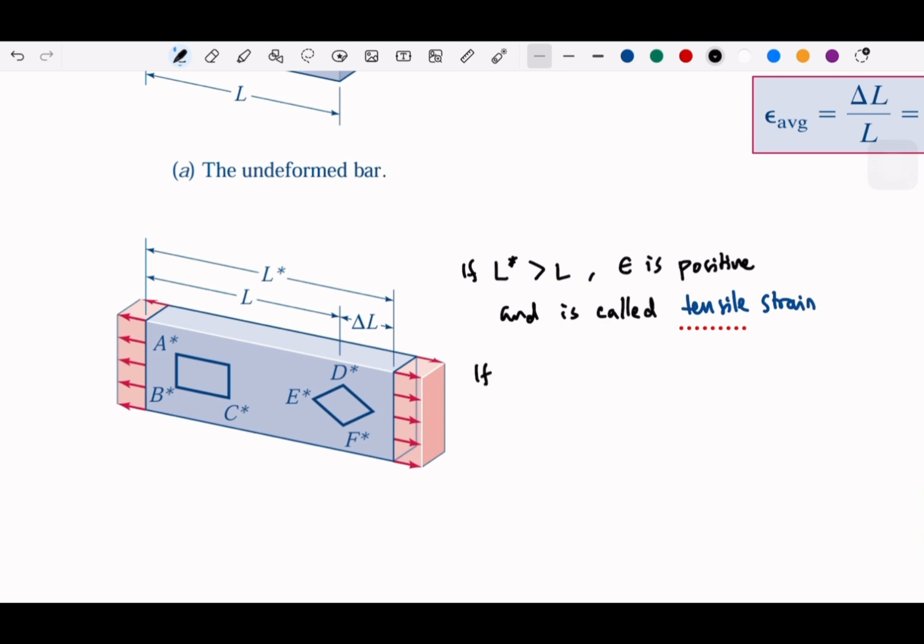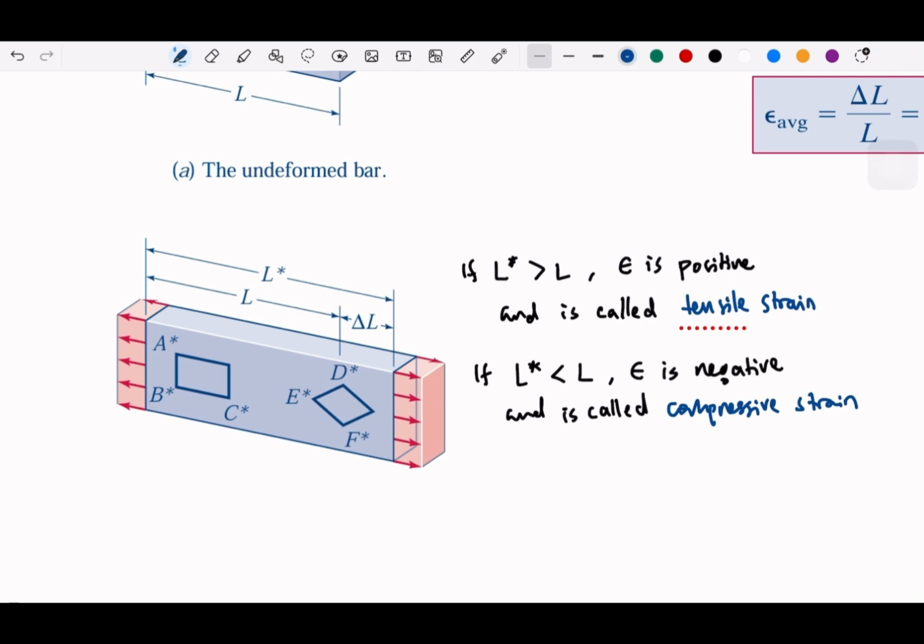And the opposite, if the length becomes shorter than the original, the epsilon is negative and is called compressive. And strain is dimensionless, so it's not in a specific dimension or unit.